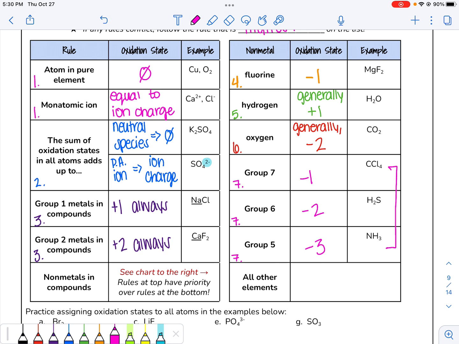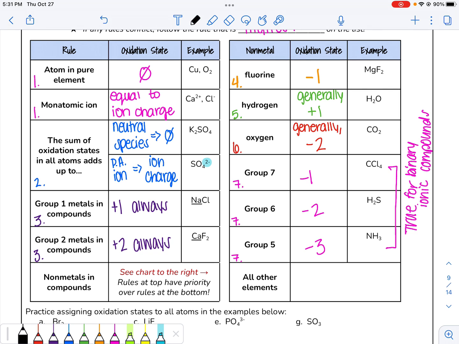I will say that these 3 rules will be true for binary ionic compounds. Or for binary compounds, really, because you see CCl4, carbon tetrachloride, is a binary covalent compound.